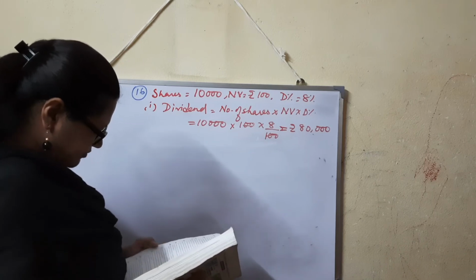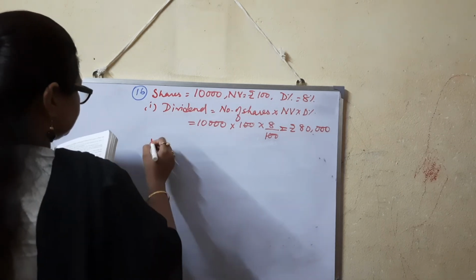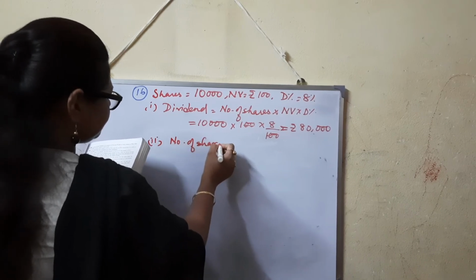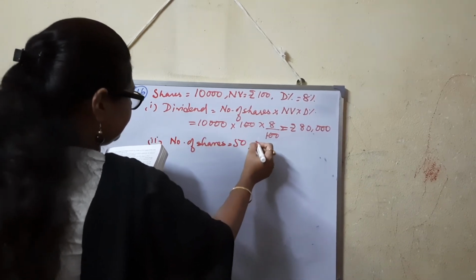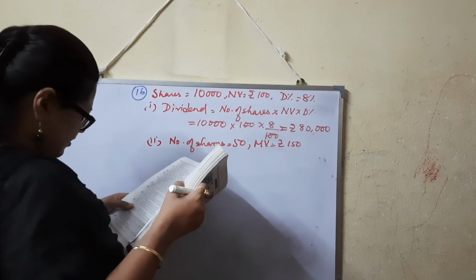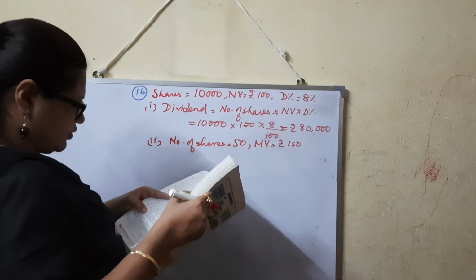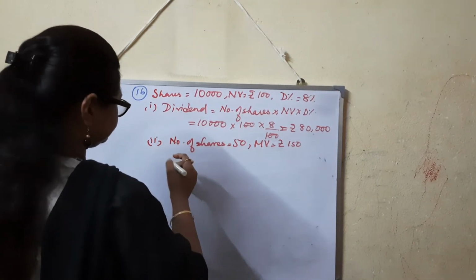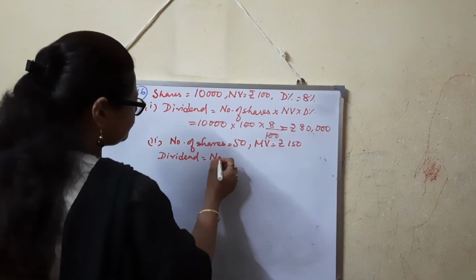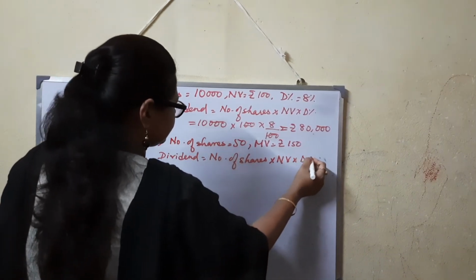Next part, they said Ramesh bought 90 shares of the company at rupees 150 per share. So now, number of shares in this case, Ramesh bought how many shares? 90. And market value is 150. Calculate the dividends he received and the percentage return on his investment. Okay. So, dividend, he will receive dividend or his income equal to, as usual, number of shares into nominal value into dividend percent.